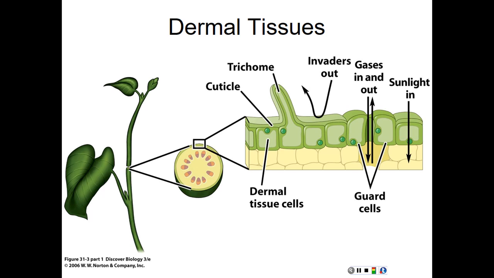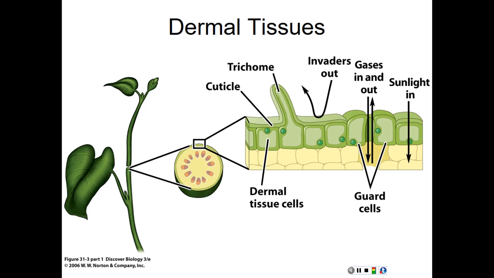If we're talking about a woody plant like a tree or something, then the epidermis, as the plant grows, is replaced by a thicker, stronger, more complex tissue called a periderm in the older stems and the leaves. And we'll talk about that a little bit when we talk about secondary growth.